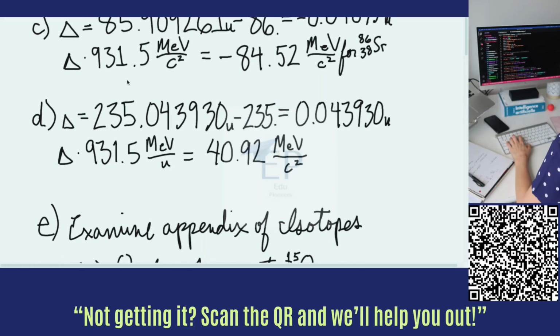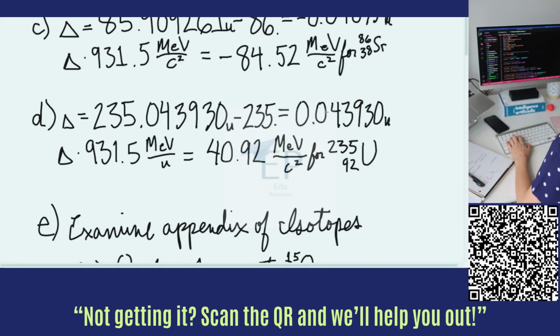For part D, we're asked to find the mass excess of a rather heavy element, which I didn't write down. I believe it's uranium-235. And its mass excess is again back in the positive.